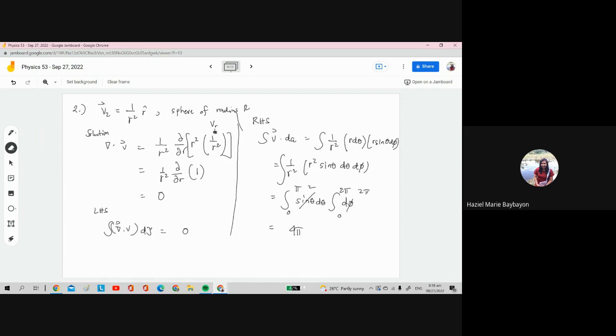Should we doubt the divergence theorem based on this result? So what is your explanation, class? As you can see, they do not agree. 0 is the left-hand side, 4 pi is the right-hand side of the equation.